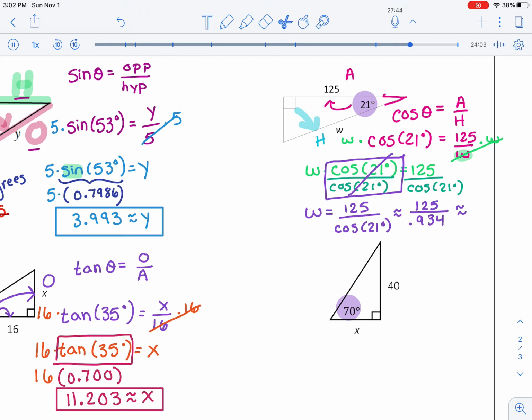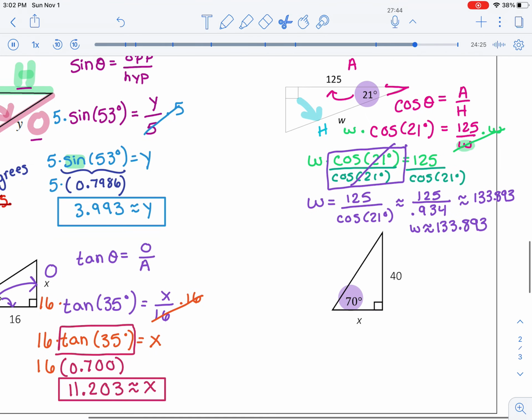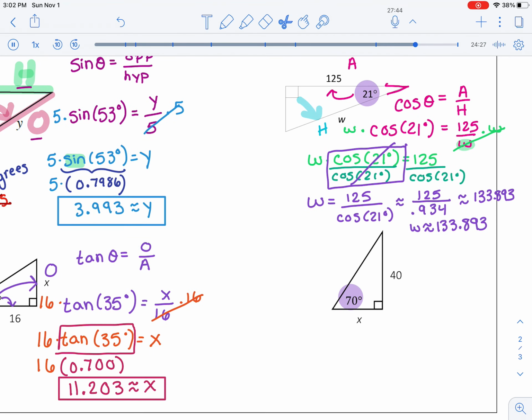Which is about my final answer, 133.893. So W is approximately 133.893. Perfect.